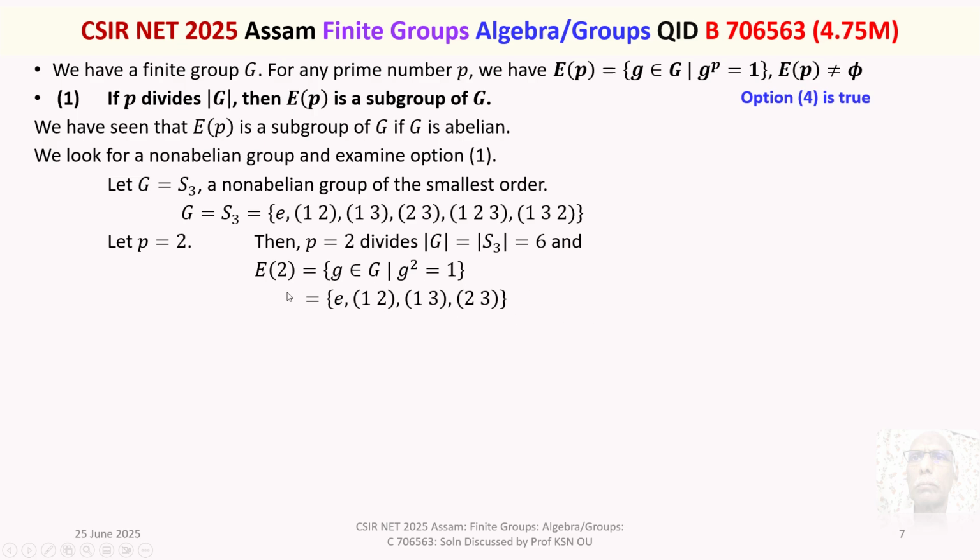Now the question: E of 2, is it a subgroup of G? If it is a subgroup of G, by Lagrange's theorem, the order of E2, which is 4, must divide the order of G, that is the order of S3, that is 6. Does 4 divide 6?